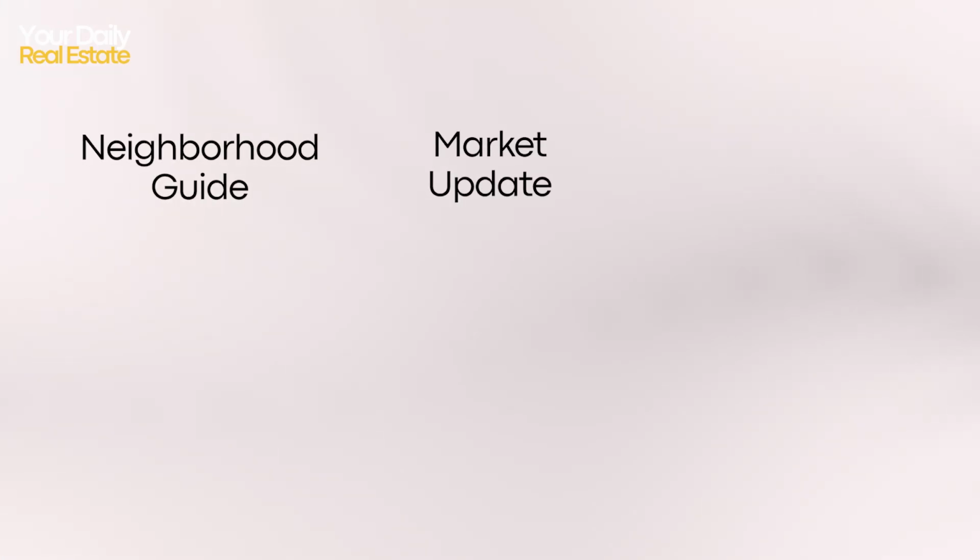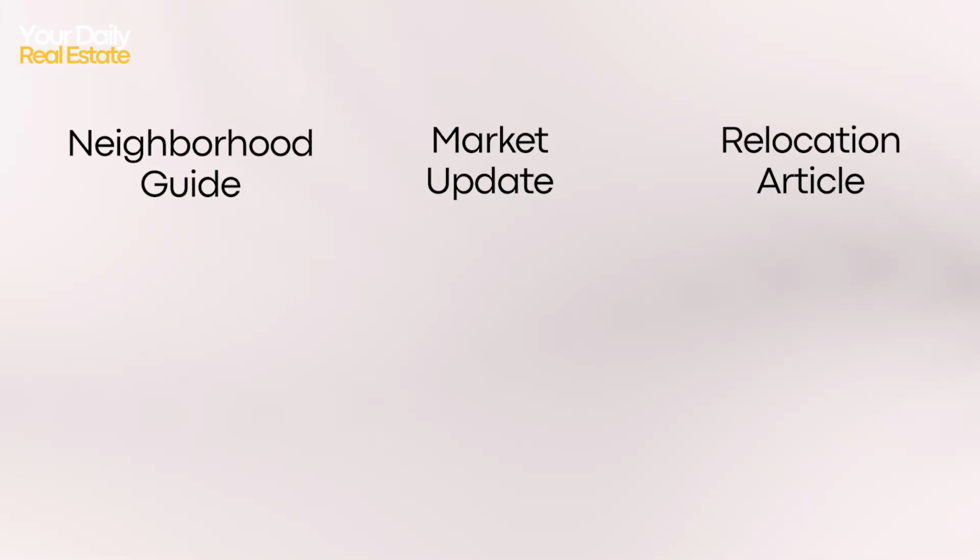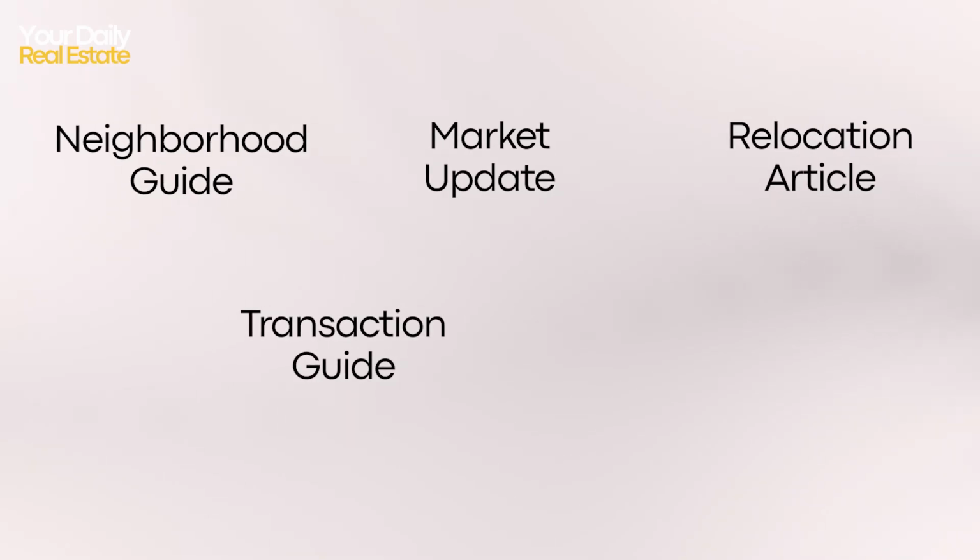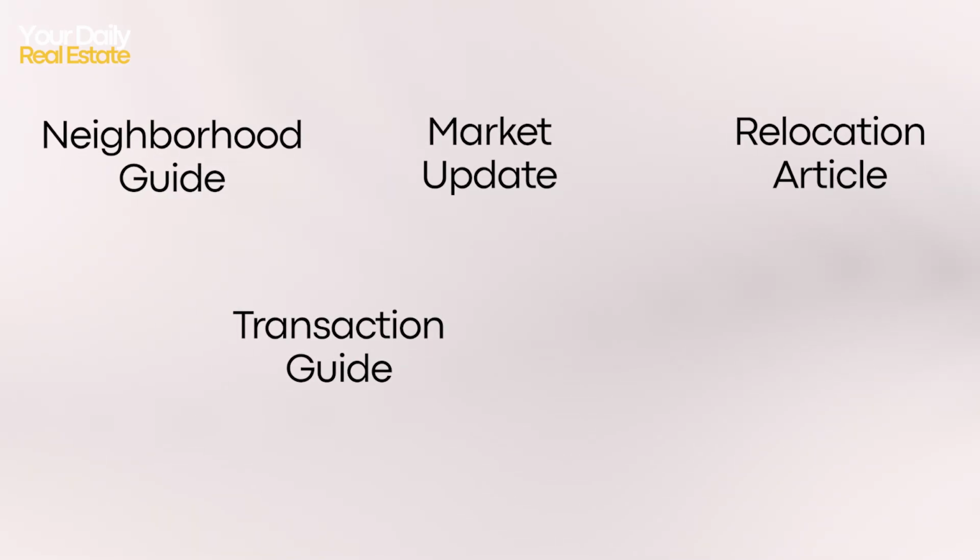If you're wondering where to begin, choose one neighborhood that you know extremely well. Write one neighborhood guide, one market update, one relocation article, one transaction guide, and one home highlight. And I would say space those out.